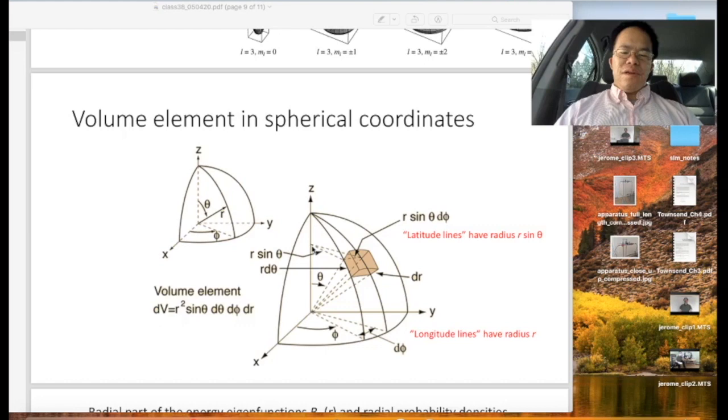You can go through the geometry, opposite over hypotenuse, and convince yourself that this latitude line has a radius r sine theta. Since the angle swept out going this way is d phi, this little piece has a length of r sine theta d phi. All three of these combine to give us our volume element, and as I wrote it on the board, I prefer to think of it as dr times r d theta times r sine theta d phi.